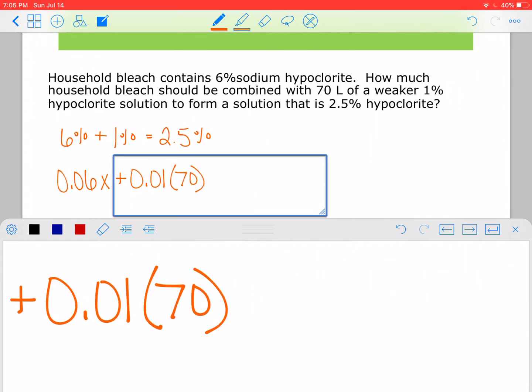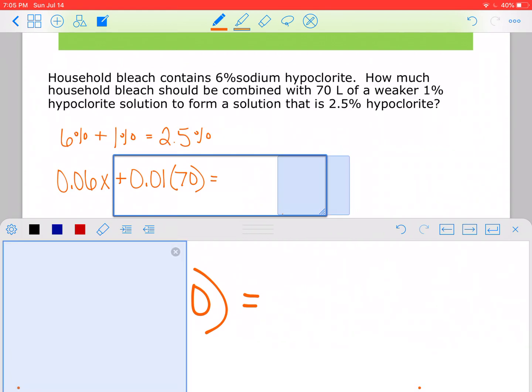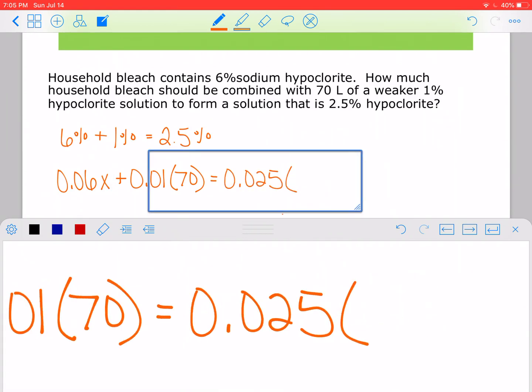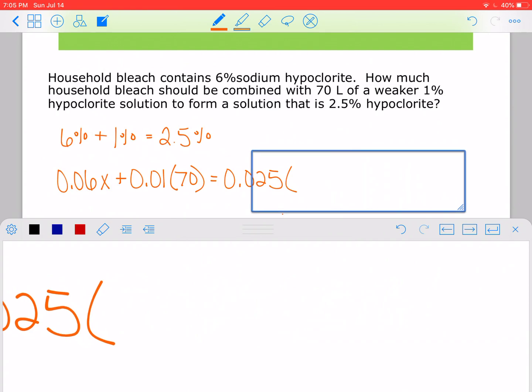We were told that's 70 liters. And then 2.5%. And so the amount in the 2.5% solution was X plus 70.